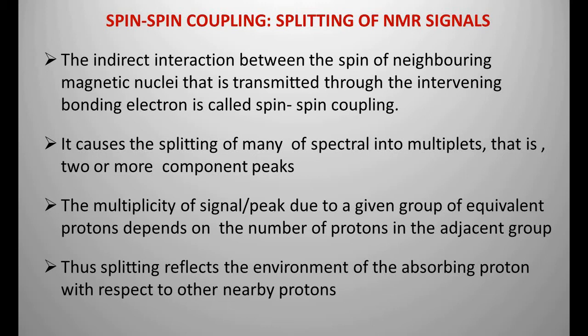It causes the splitting of a spectral line into a multiplet, that is, two or more component peaks. One absorption peak is now split into two or more component peaks, called a multiplet. The multiplicity of a signal or peak due to a given group of equivalent protons depends not on the number of protons present in it, but on the number of protons in the adjacent group.